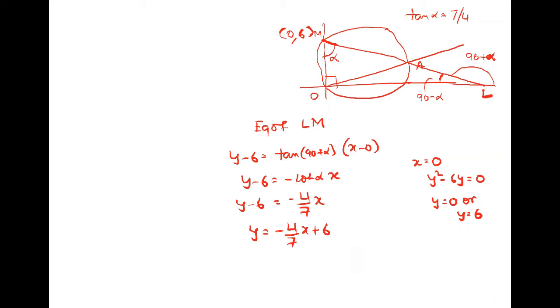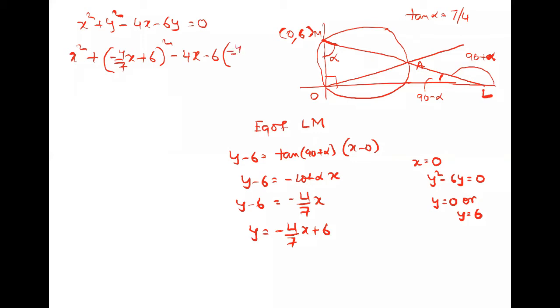What's the circle equation given? x square plus y square minus 4x minus 6y is equal to 0. Substitute the y value: x square plus (minus 4 by 7x plus 6) whole square minus 4x minus 6 into (minus 4 by 7x plus 6) equal to 0.